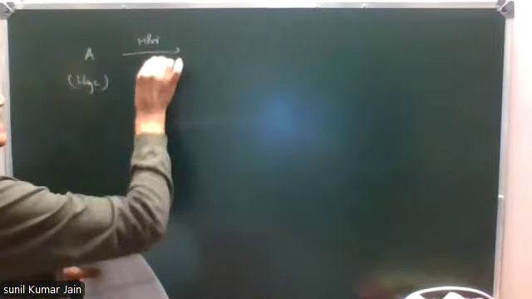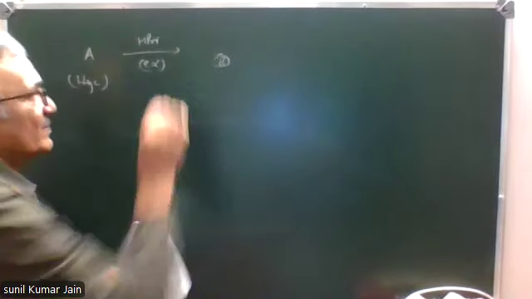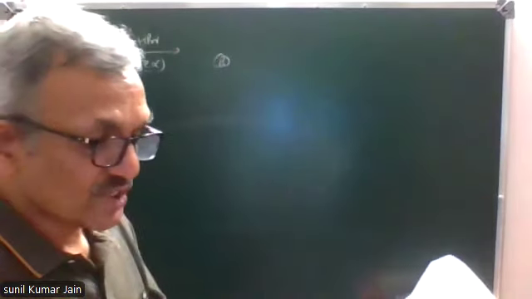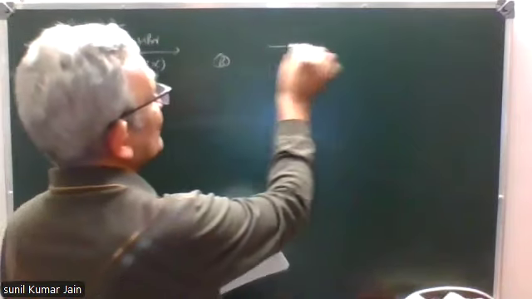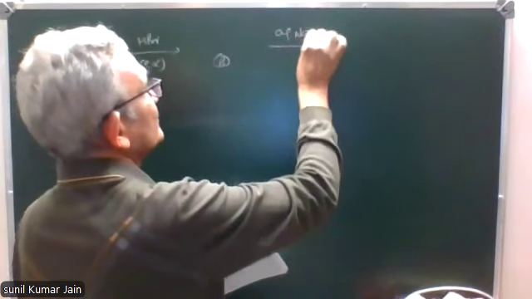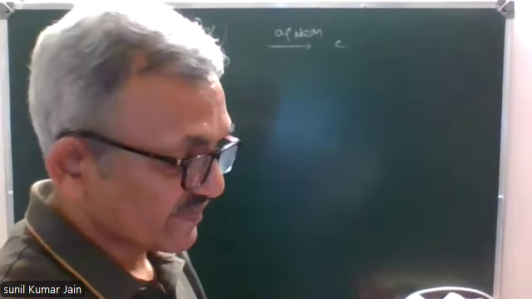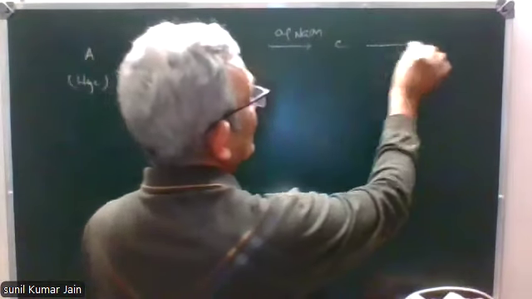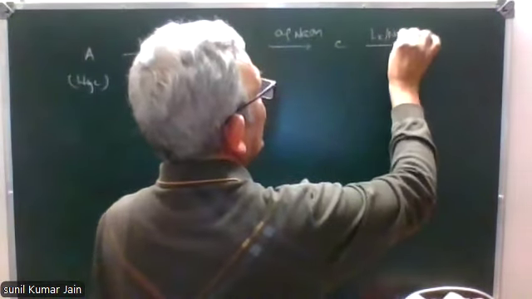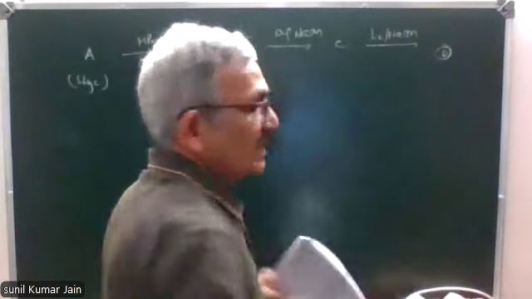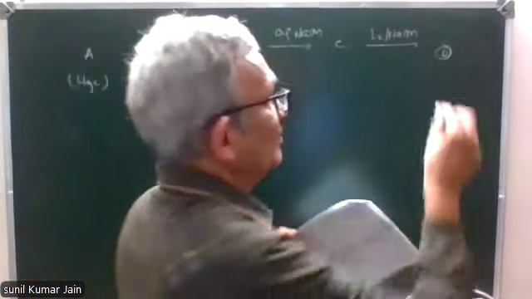A hydrocarbon A reacts with excess of HBr and gives B, which on subsequent reaction with aqueous NaOH gives C. Reaction of C with iodine and NaOH gives a yellow crystalline solid D. D is very clear. D is iodoform.